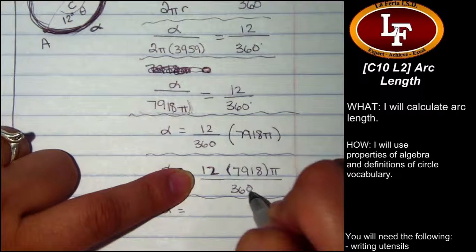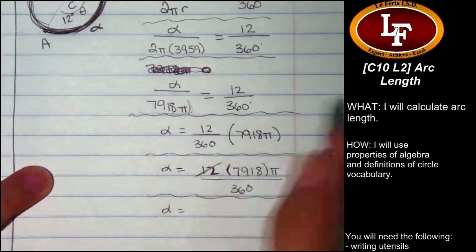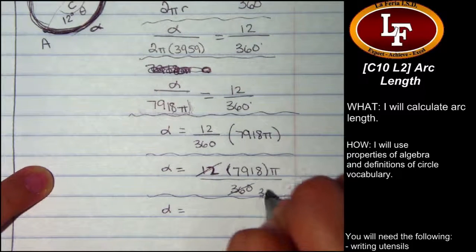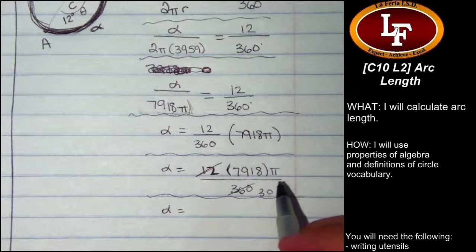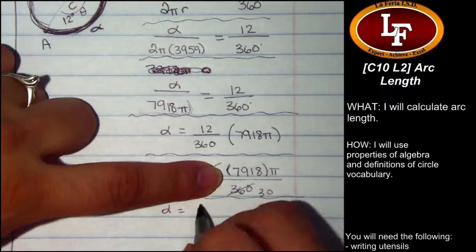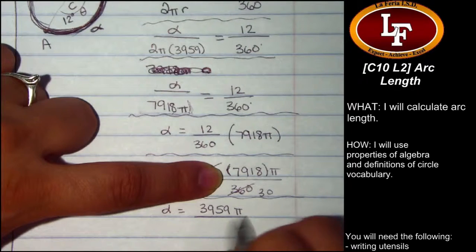Both things are divisible by 12. So 360 divided by 12. This 12 is going to cancel, and it's going to leave 30 down here. Both of these numbers are even numbers, which means they're divisible. So I'm going to divide this top number here by 2, and the bottom number divided by 2.